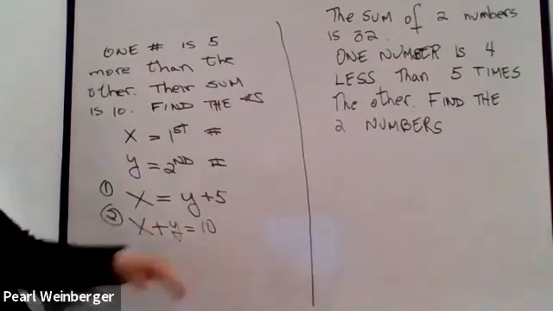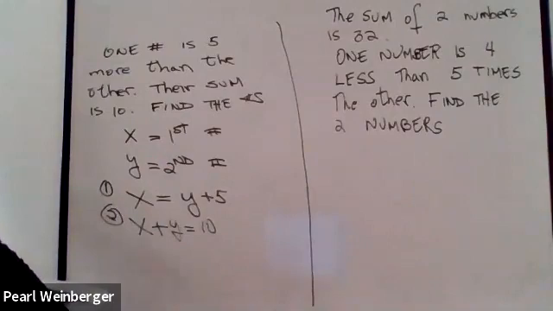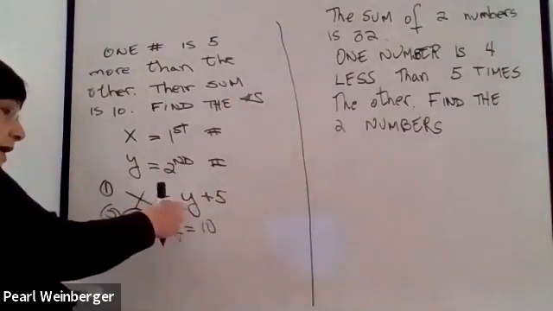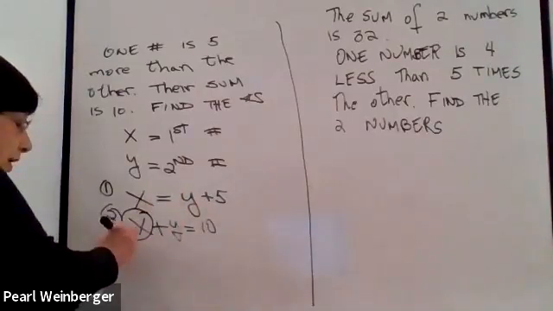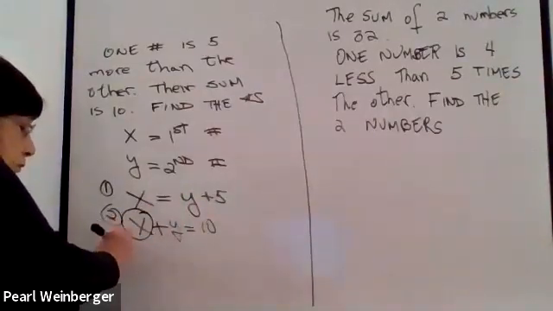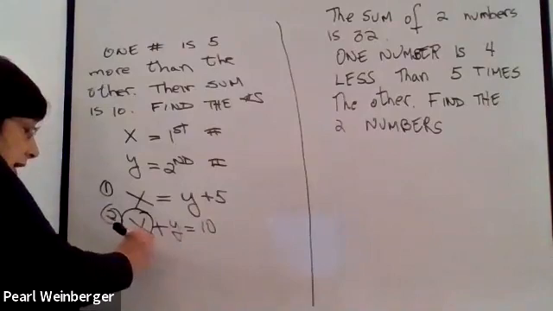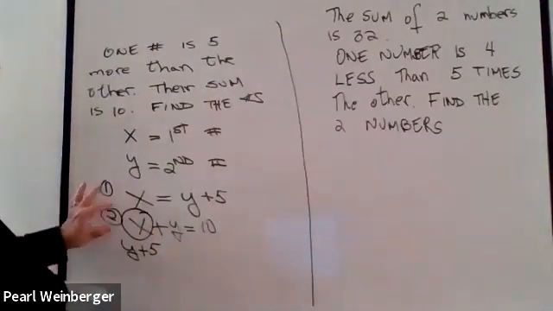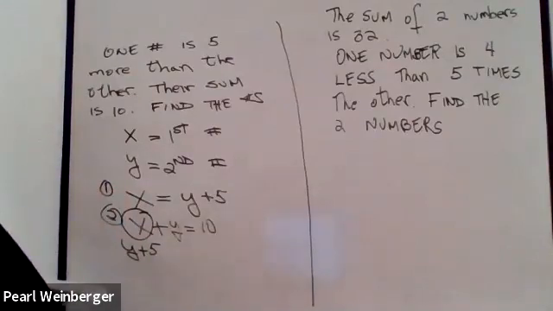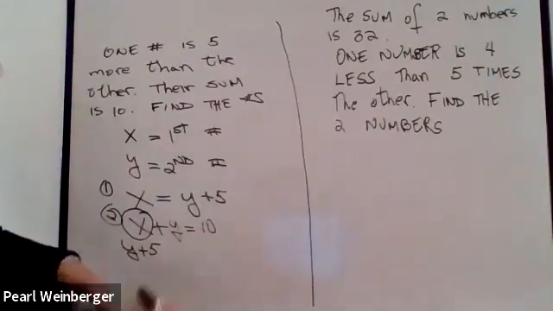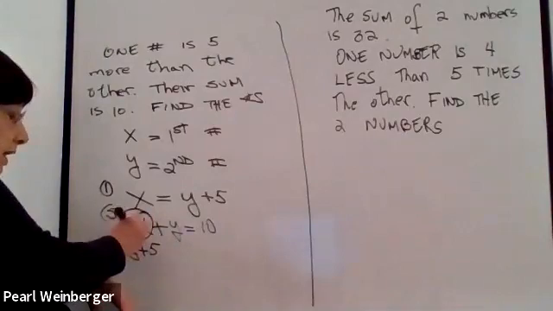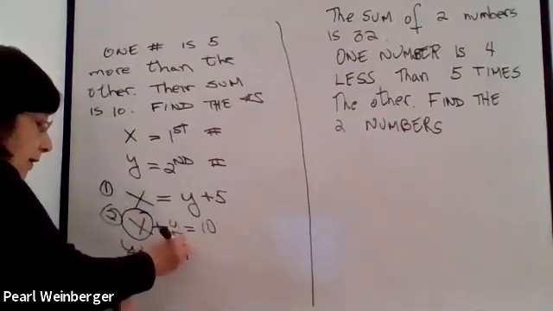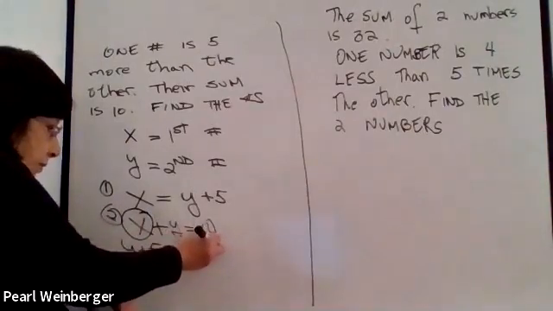I think this is a good example to use substitution. In my second equation where I see my x, I'm going to put y plus 5. I could put this in parentheses, but I don't necessarily have to because there's no number in front of it. I'm not going to be multiplying it. So I'm just replacing x with y plus 5. So I have y plus 5 plus y equals 10.